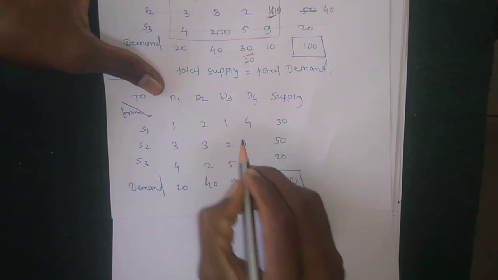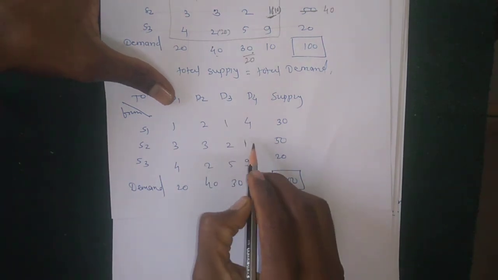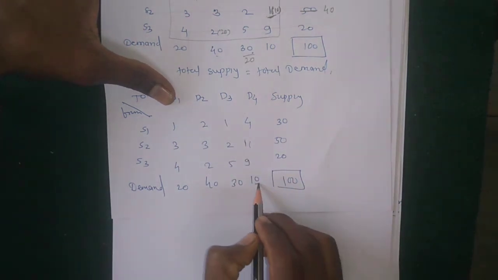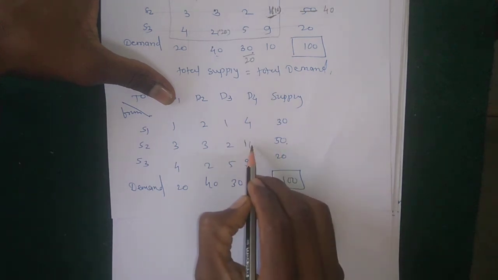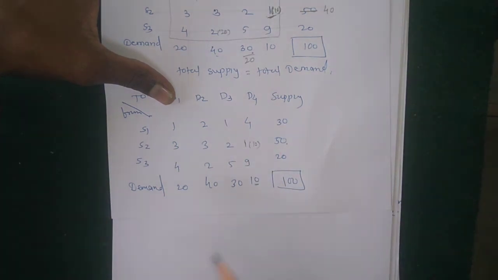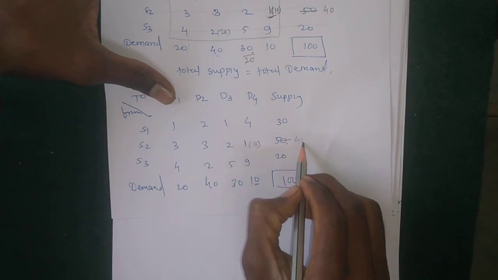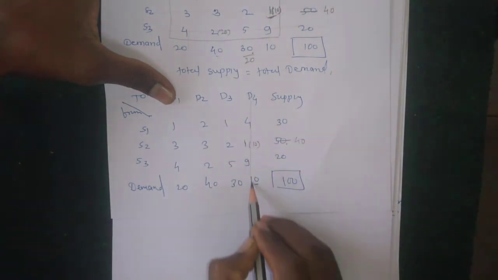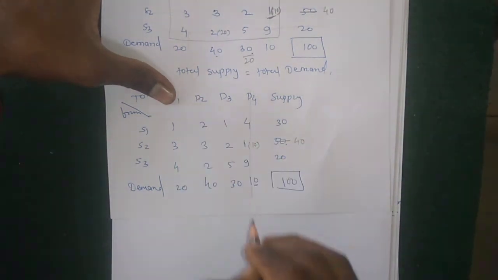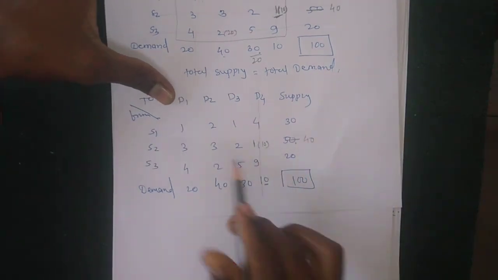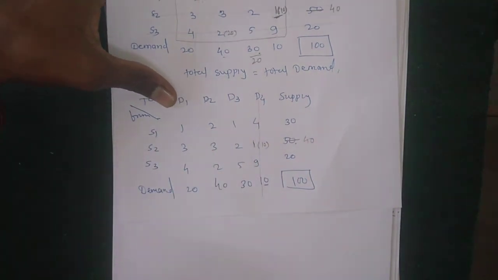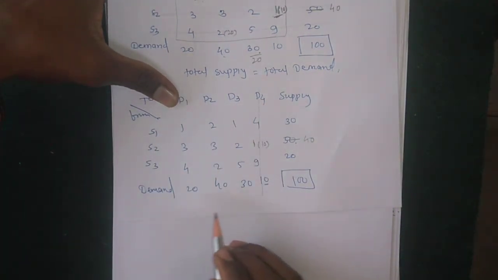So select this one. Its demand is 10 and supply is 50, take the demand since it is less. So 40 remains, so delete this column. Then select the minimum of this, any one of the minimums.